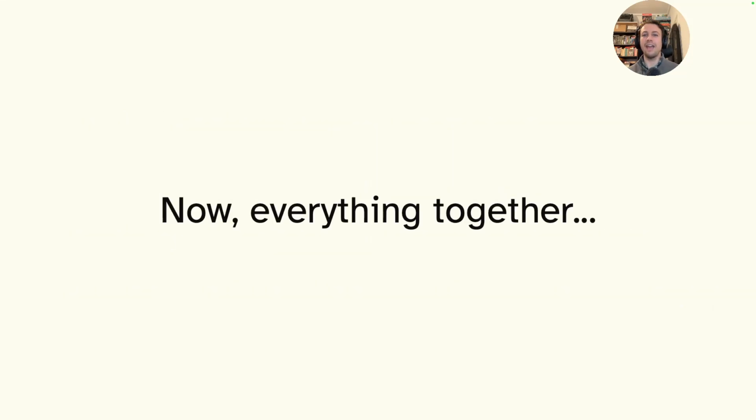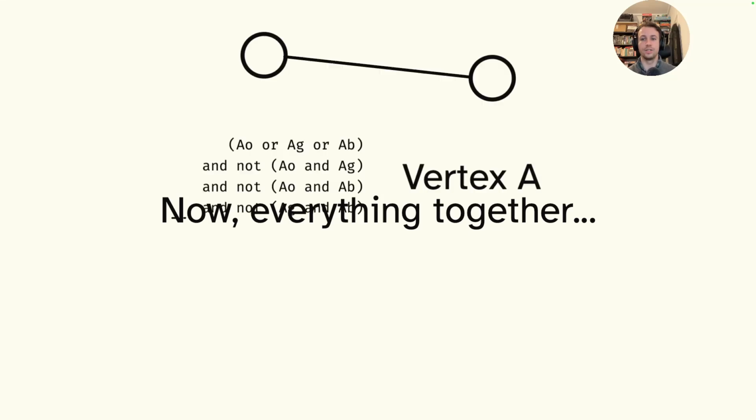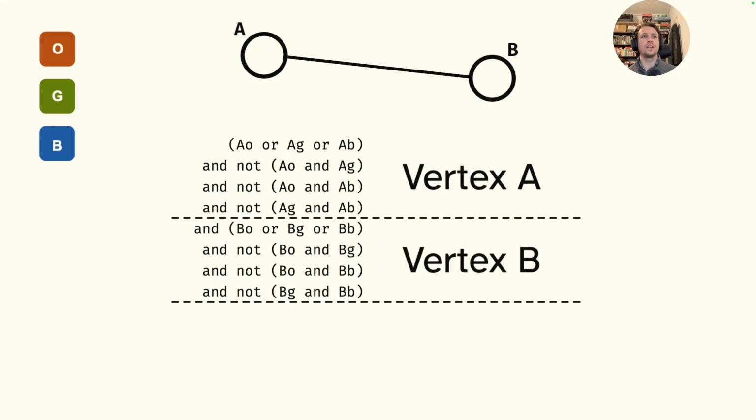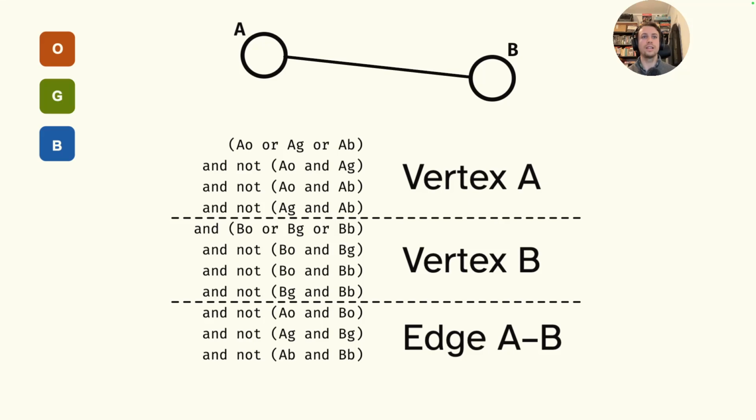If we put everything together, for this simple graph with 2 nodes and a single edge, the big, complete Boolean expression is 4 lines that encode the state of vertex A, plus 4 lines that encode the state of vertex B, plus 3 lines that encode the relationship between A and B, because there is an edge.